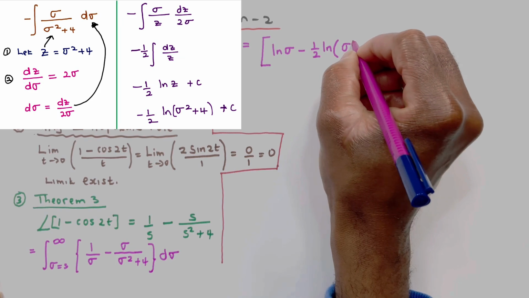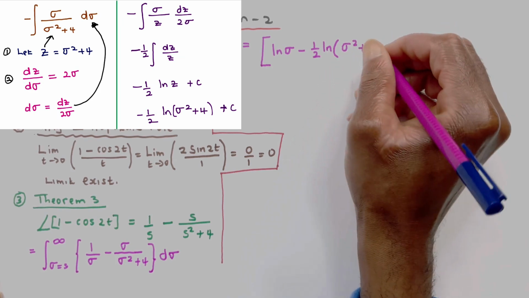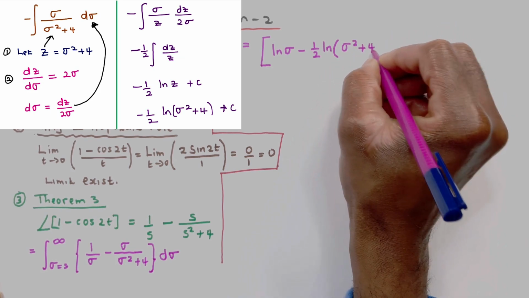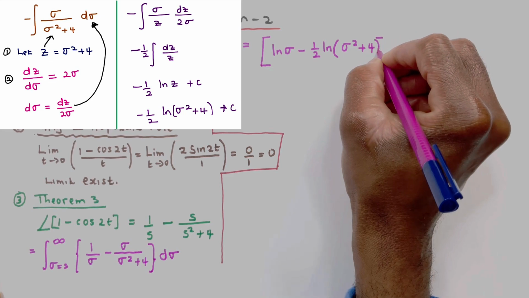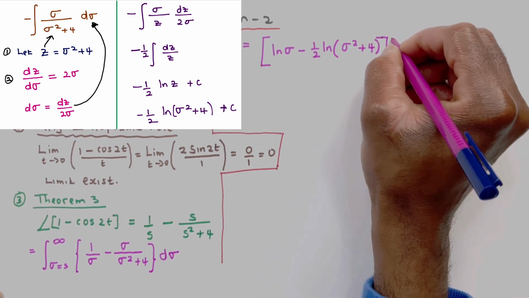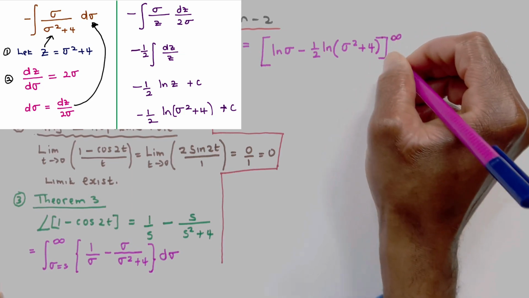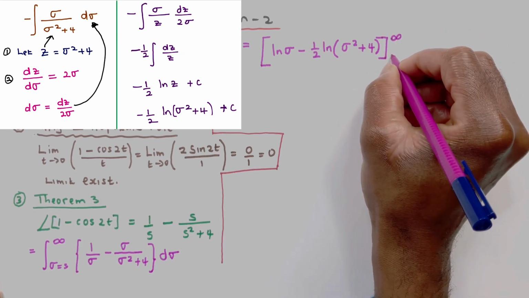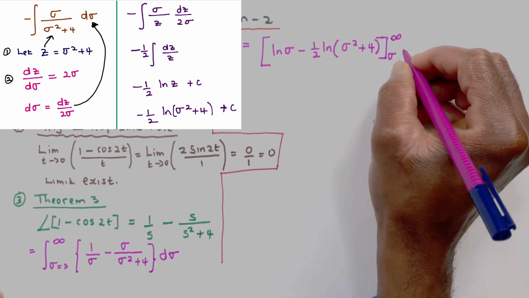This is how I've done it on the left, top left. I have ln sigma squared plus 4 from the boundary of infinity and sigma equals to s.